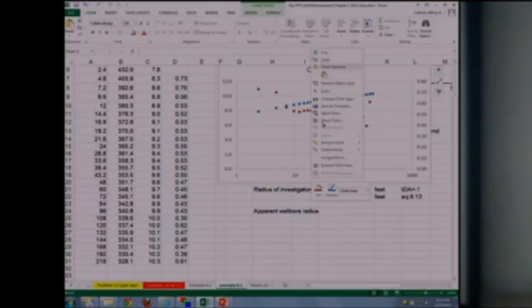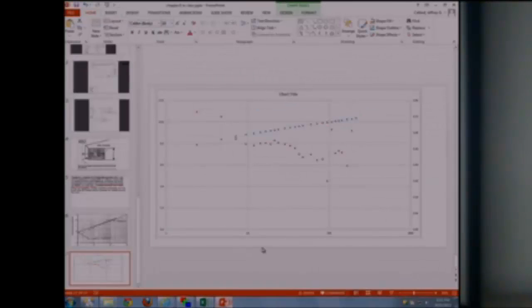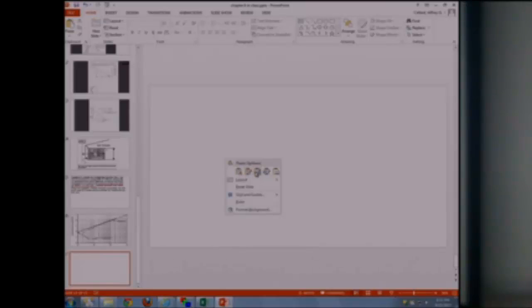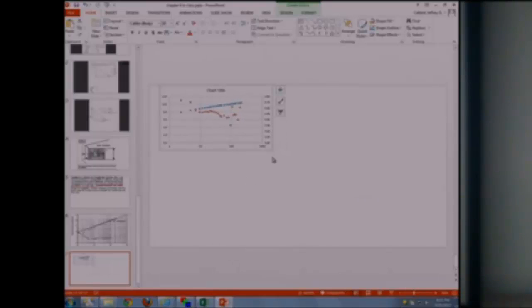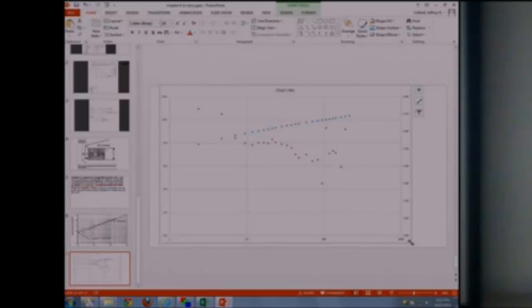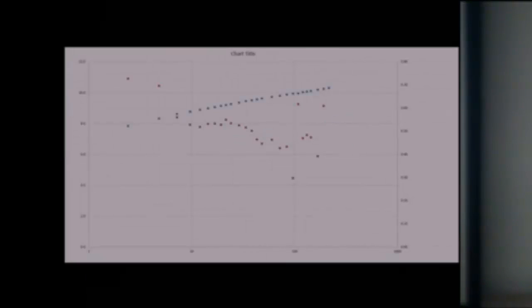And now I got a little bit better font. I've got inside tick marks so I can determine.